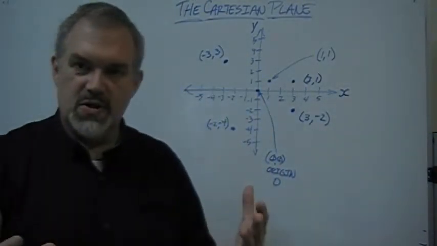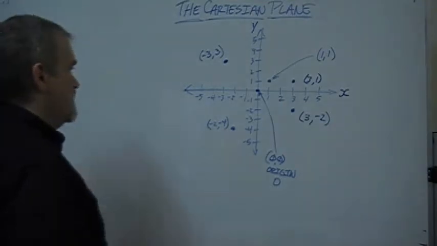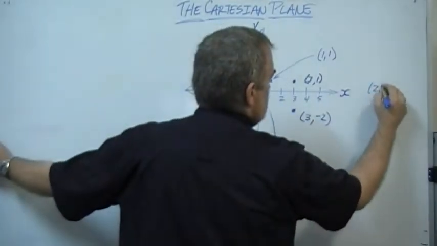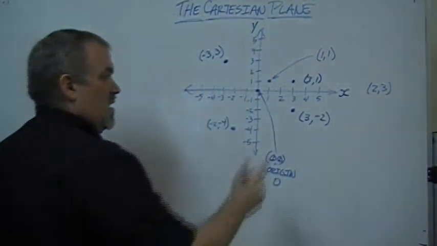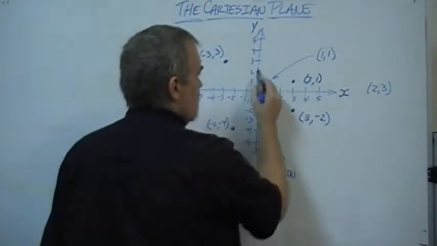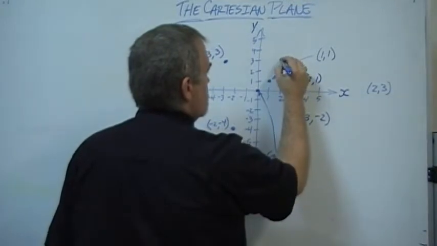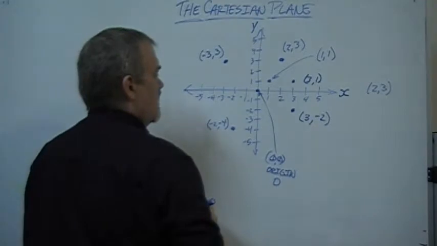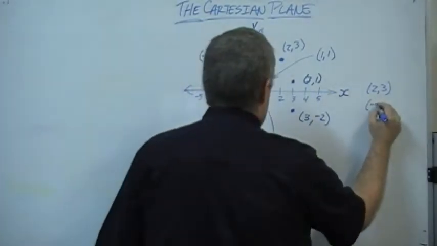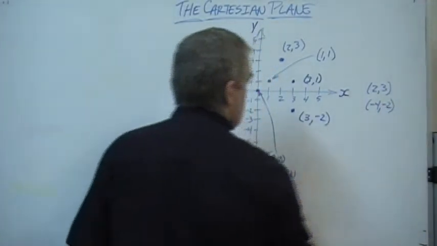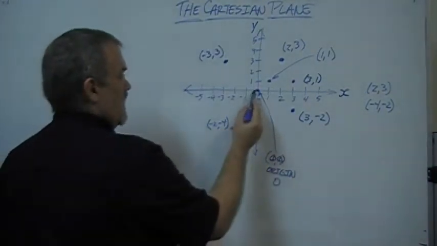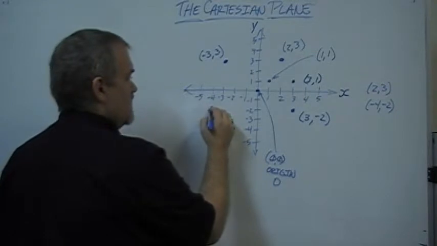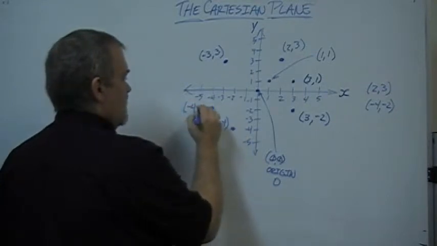Now we can work these, of course, the other direction. Let's say that I ask you where the point (2, 3) would be. We take the x first, 2, and we go up 3, and so this point right here gives me (2, 3). How about if I wanted (-4, -2)? Well, we start with -4 in the x direction and -2 in the y direction, so that gives me (-4, -2).